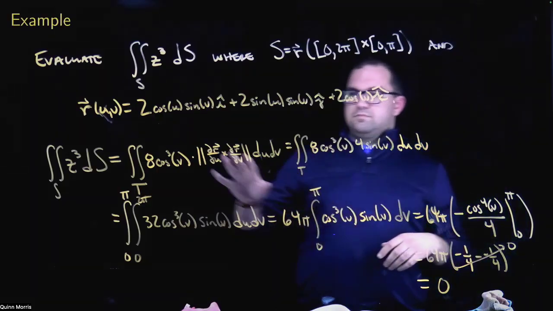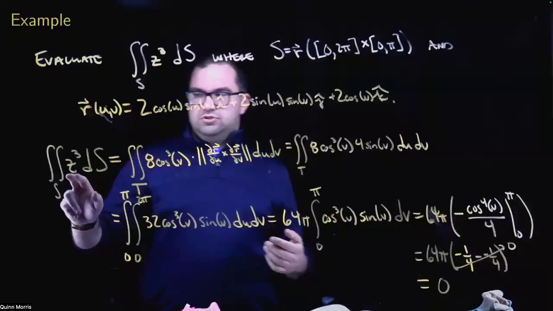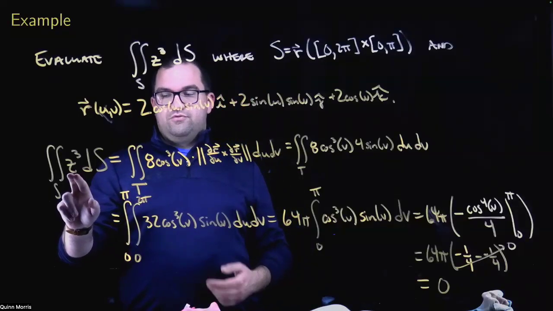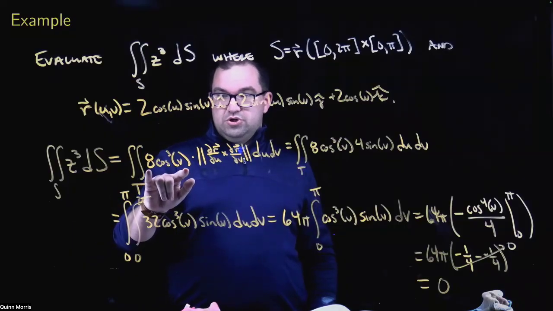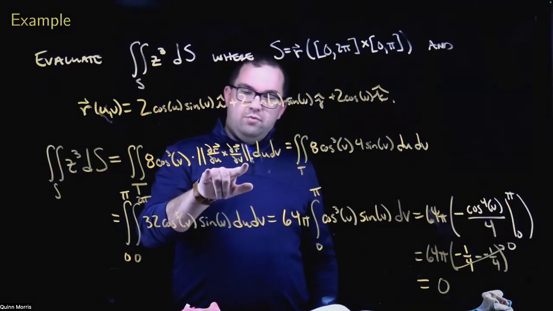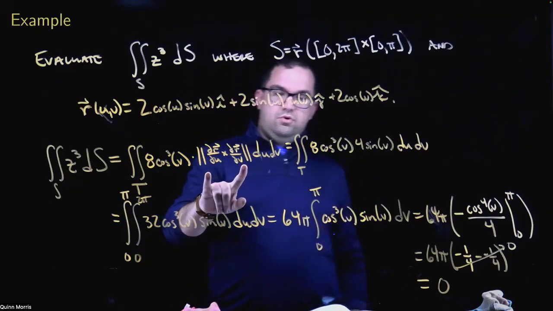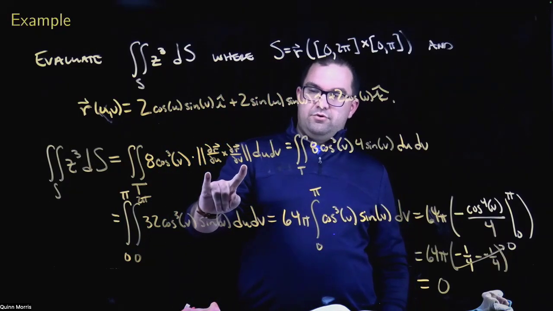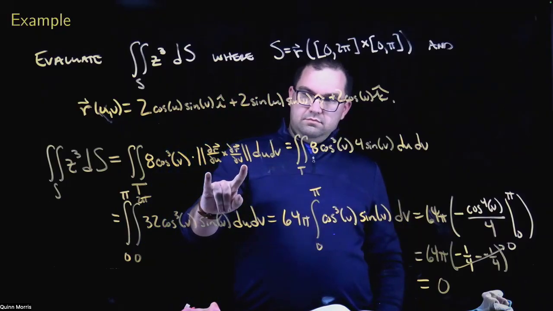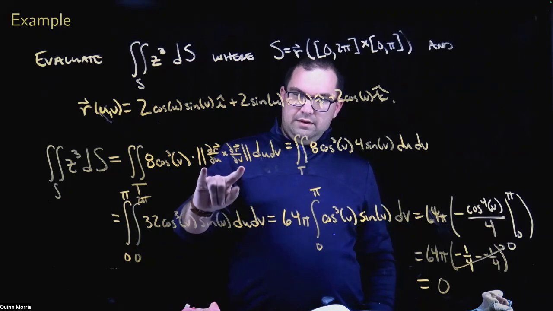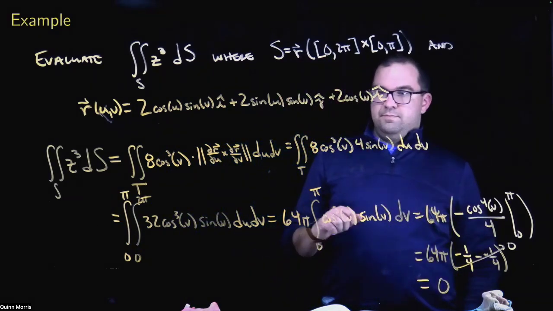Okay. But again, this just gives you some idea of stepping through the process, right? I want to integrate this function. So I want to take the surface integral of this function. So I evaluate this function on the surface, but I have to multiply by the norm of the fundamental vector product of the parameterization.